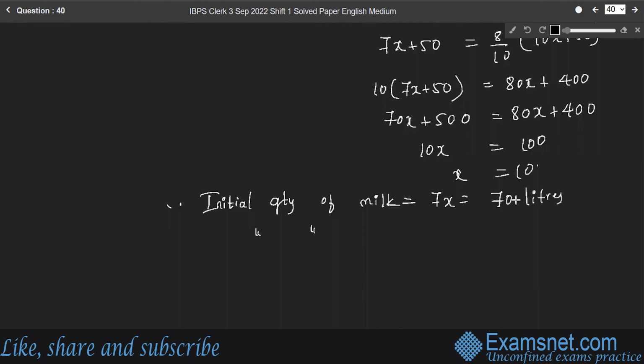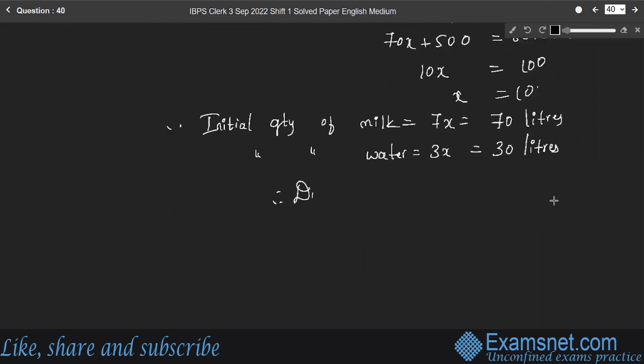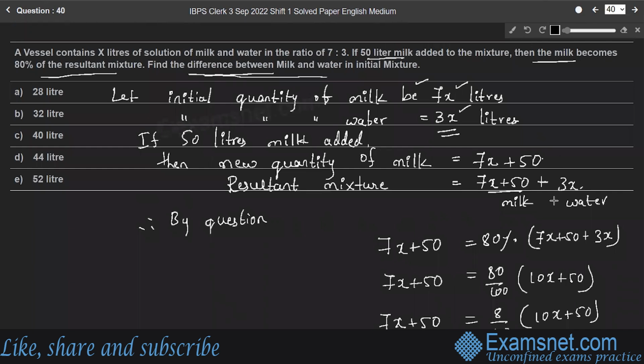And initial quantity of water is equal to 3x, which is 30 liters. Therefore, the difference is 70 minus 30, which is 40 liters. So difference between milk and water in initial mixture is 40 liters. Therefore, option C is the right answer.